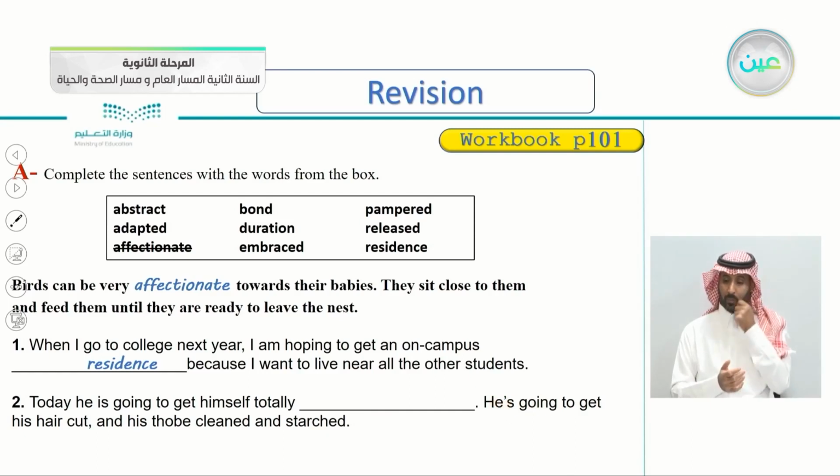So he's taking care of himself on that day. So today he's going to get himself totally, very good, totally pampered, extra care. He's going to get his hair cut and his thobe cleaned and also starched.